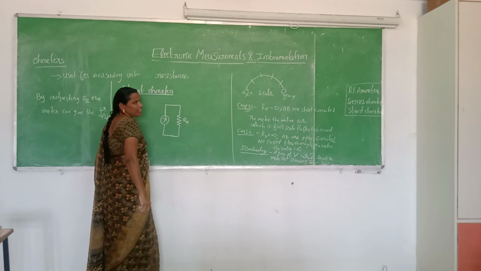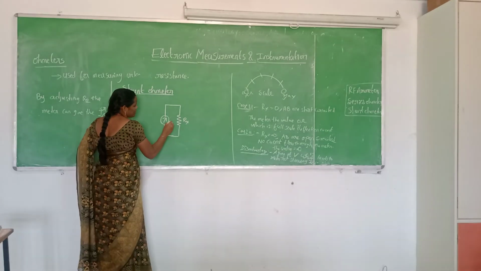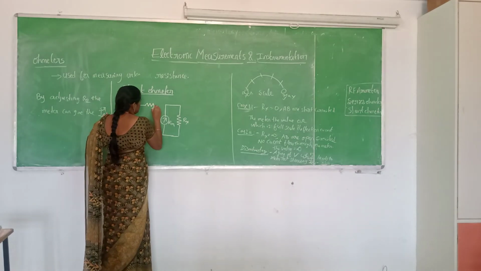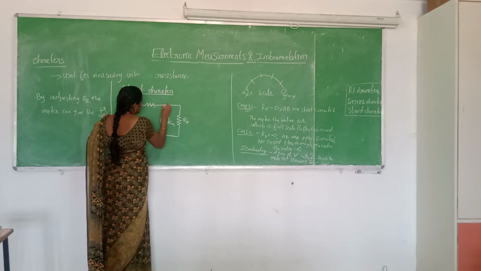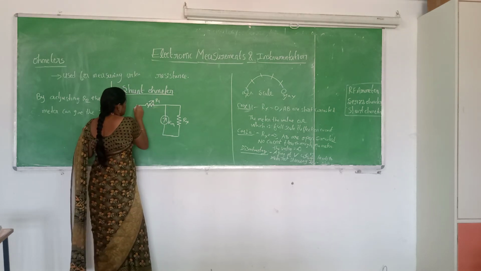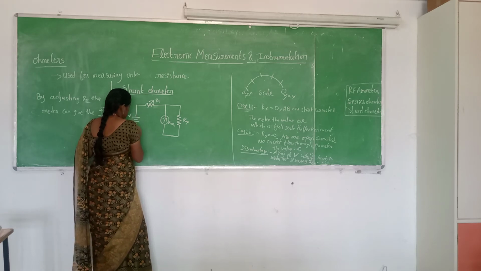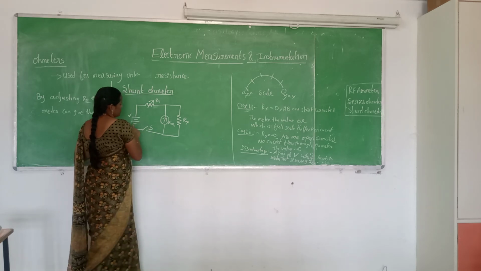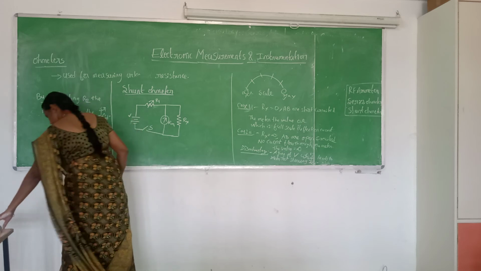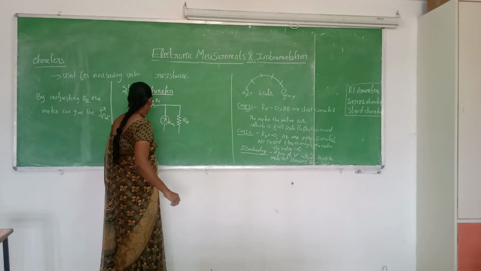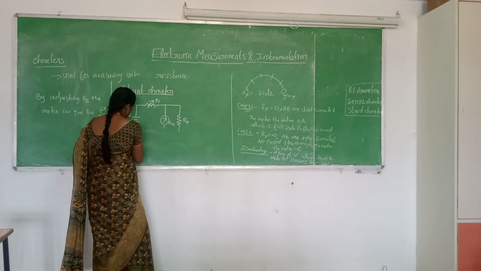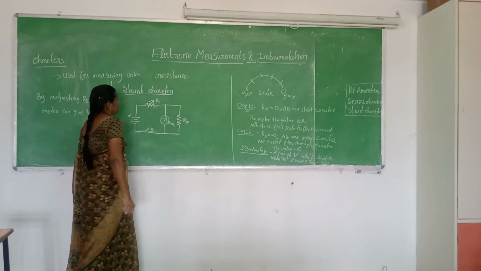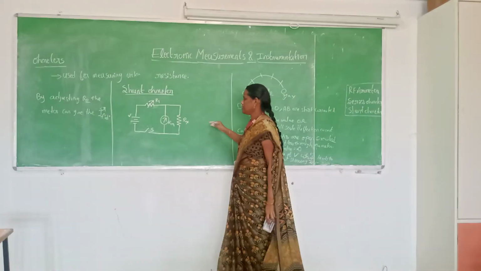This is the unknown resistance Rx connected in shunt with the PMMC having an internal resistance of RL. Next, here is the variable resistance R1 and here is the voltage V. Next we have the switch S. This is the shunt ohmmeter circuit diagram.